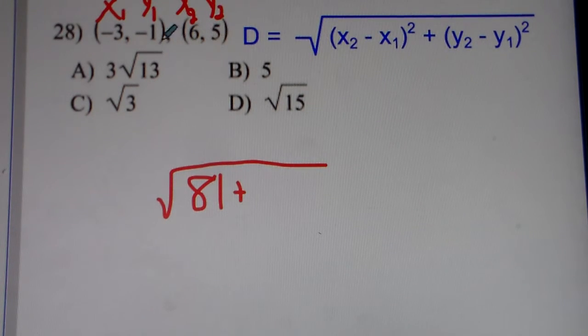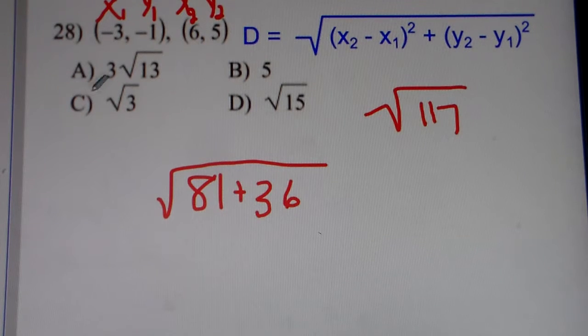Y2 minus Y1. 5 minus a negative 1 gets you 6. 6 squared is 36. 81 plus 36 get you 117. So we got to break down 117. Now I'm going to just tell you, when you break it down, you can get A, 3 radical 13. Cool. Moving on.